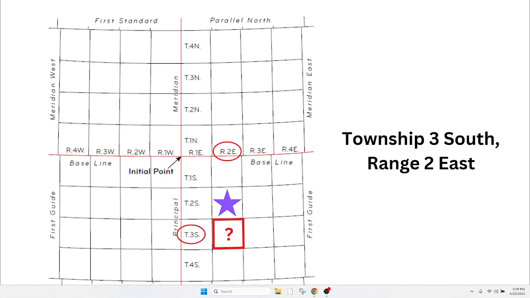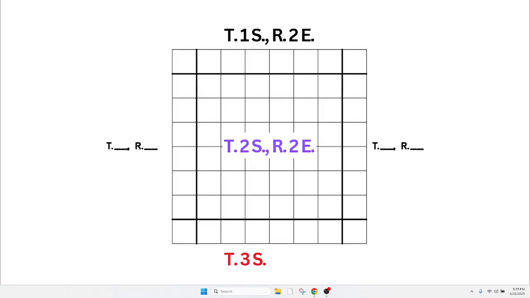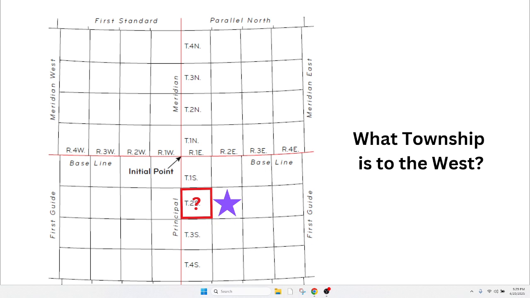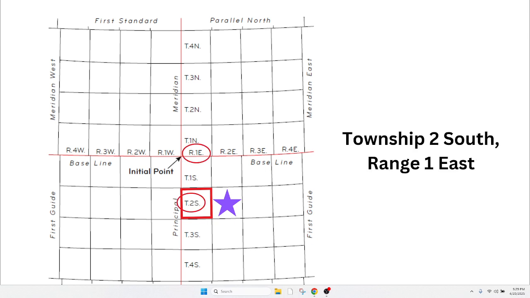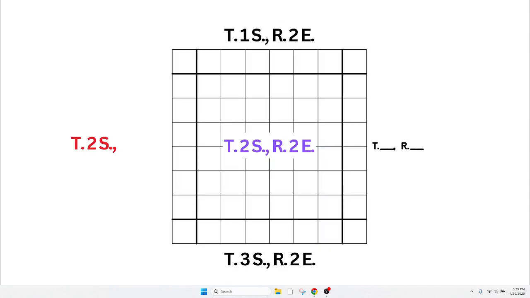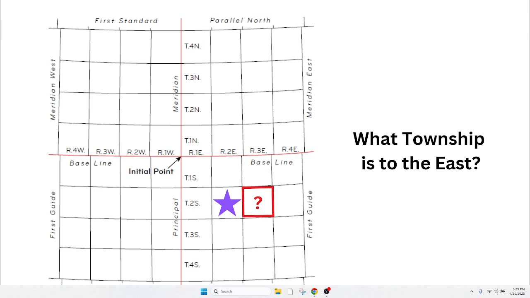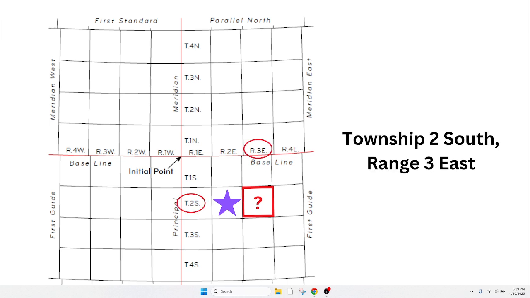It's Township 3 South, Range 2 East. What township's to the west? Township 2 South, Range 1 East. And what is the township to the east? It's Township 2 South, Range 3 East.